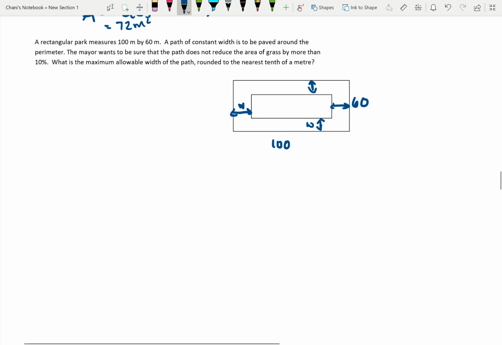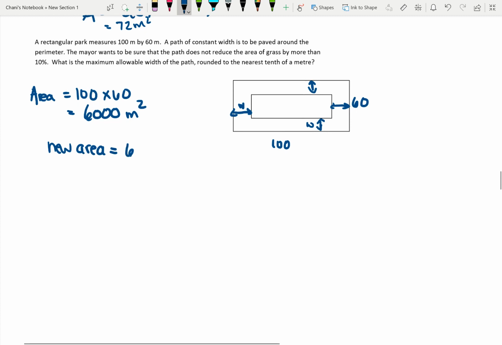So because we don't want to reduce it more than 10%, first we need to find what our current area is, which is 100 meters by 60 meters. So our current area is 6,000 meters squared. So our new area can only be reduced by 10%.